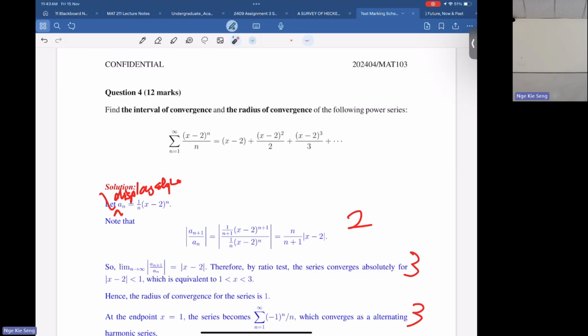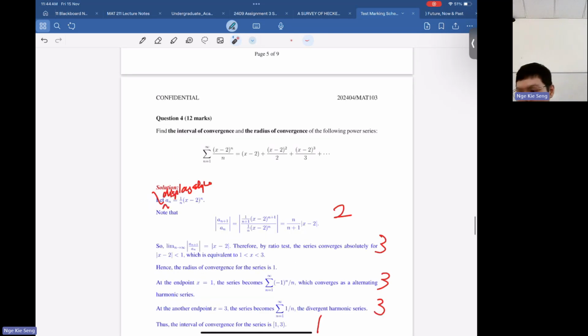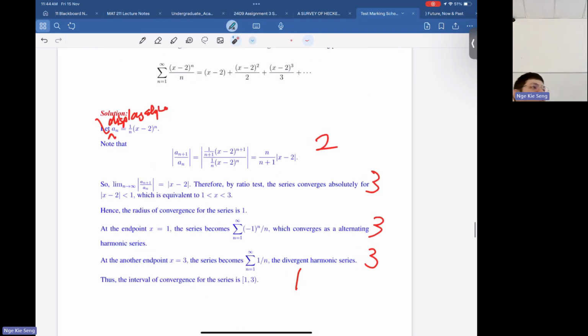Because this power series has an x there. So there's a condition on x minus 2, which is less than 1. Where does the less than 1 come from? You use the ratio test such that the series converges. And this is the exact question that we did in class. You need to check the endpoints. Remember we discussed it in class.